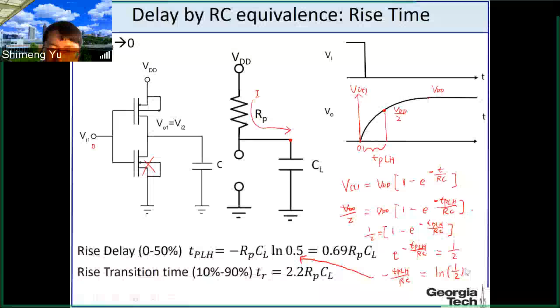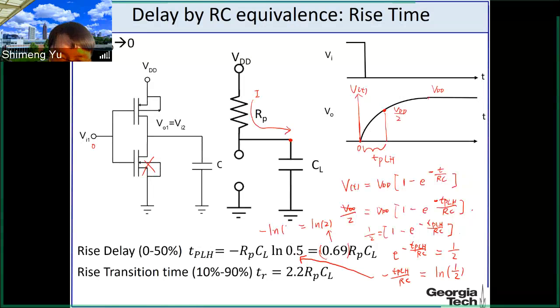If you do this log half, you will get this coefficient 0.69. This is log 2, which is the same as negative log half. This is like high school math. So log 2 is 0.69. This 0.69 is important.